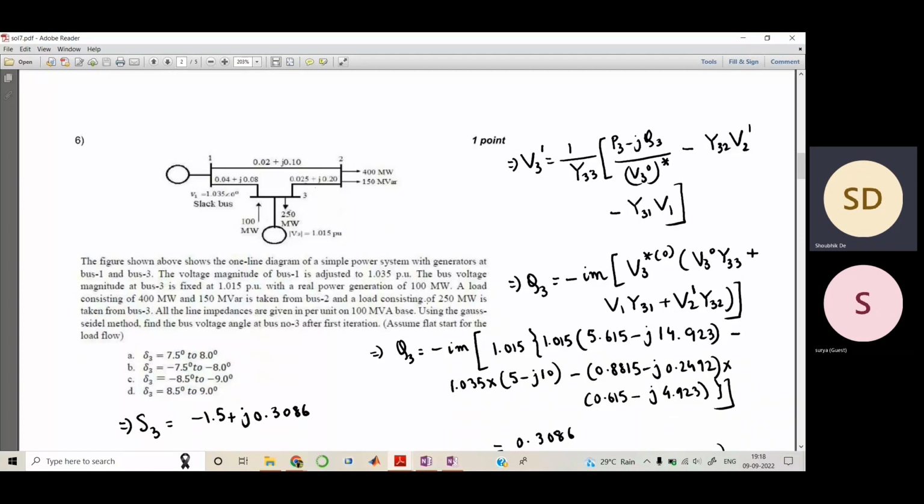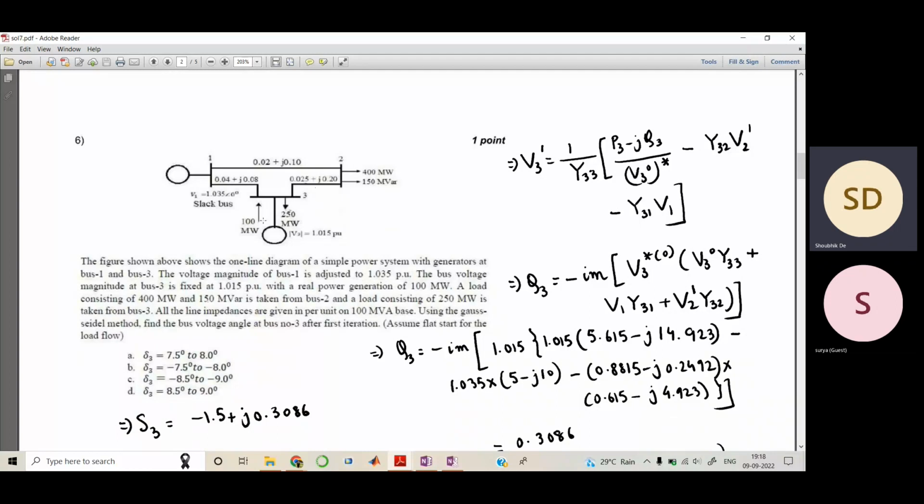Now if you look at the problem, they did mention that a load consisting of 400 megawatt and 150 megavar is taken from bus 2, but they haven't specified the reactive power being consumed or produced at bus 3. They have only told us that a load of 250 megawatt is taken from bus 3 and it is also generating 100 megawatt.